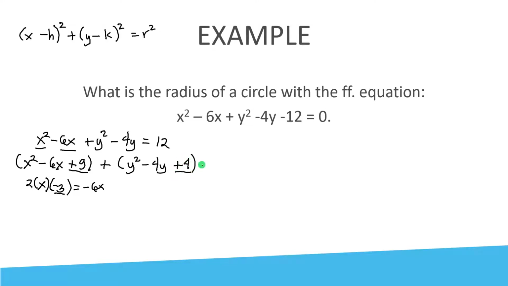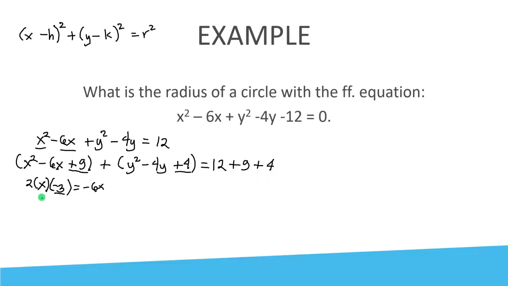Therefore, it equals 12. Since by completing the square, if we add a number here, we should also add that number on the right hand side of the equation. Because if we simplify the equation, these numbers that we added will cancel, and we will go back to the original equation.